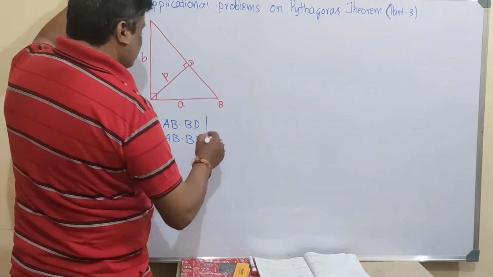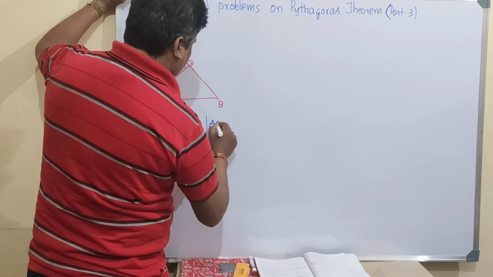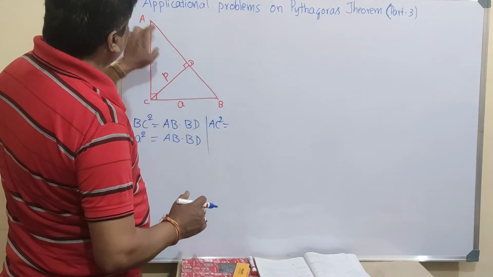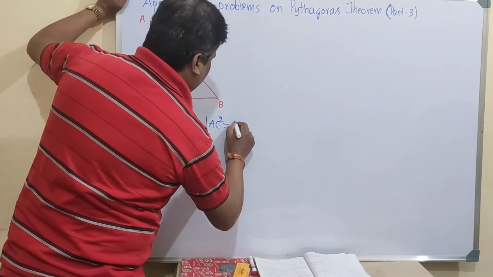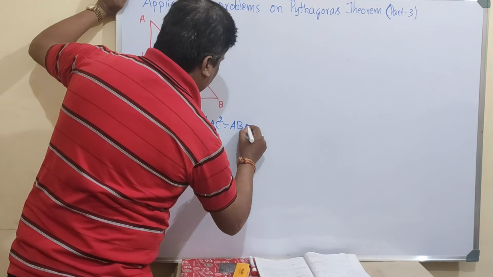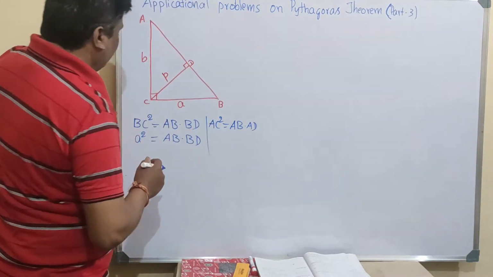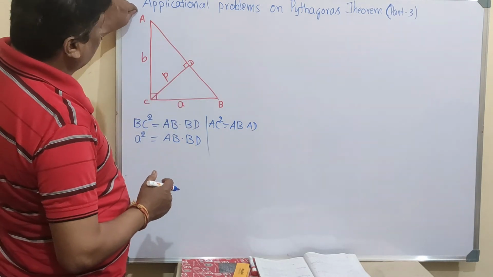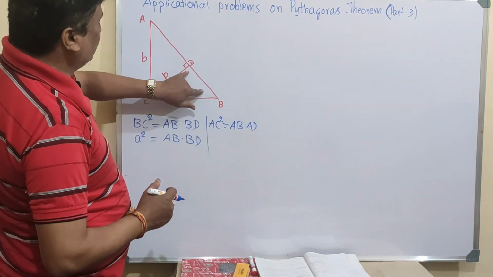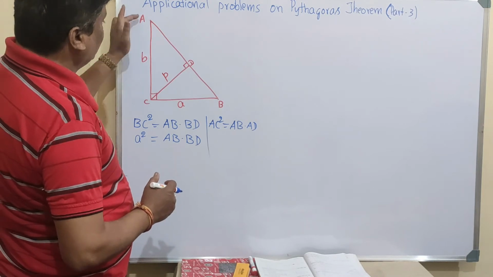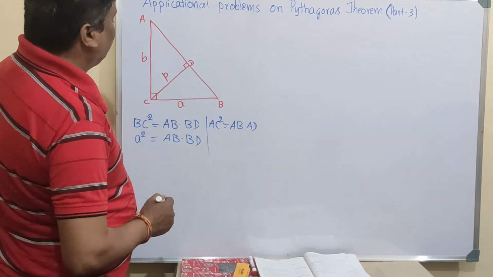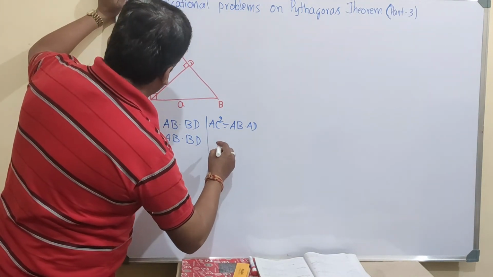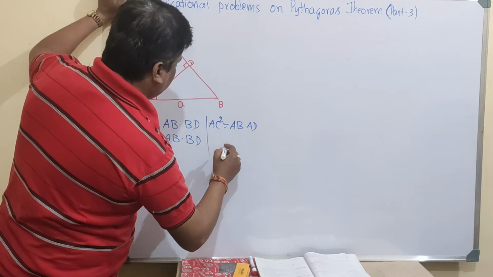Then for AC square, we can write AB into AD. For BC it is coming down, at the lower part, so we consider the complete length with the lower part. And AC is in the upper part, so AC square is AB into AD.